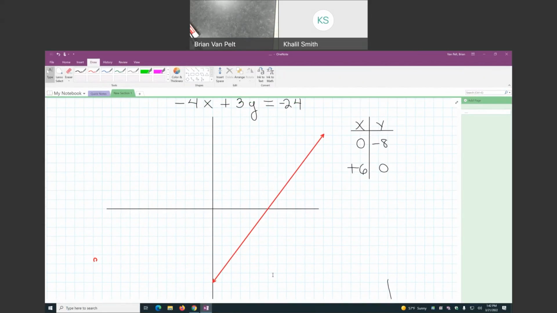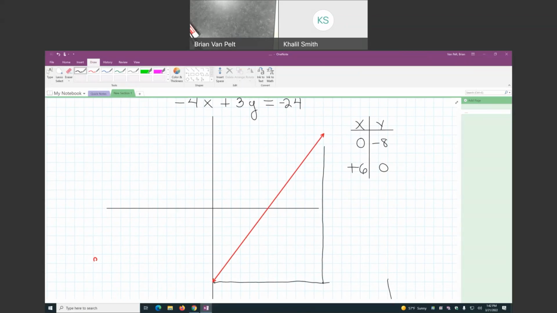What we do, probably the best thing to do, is start down here. Let me use this as a point and draw myself a right triangle. You guys ever see this? I don't care about that part of it.